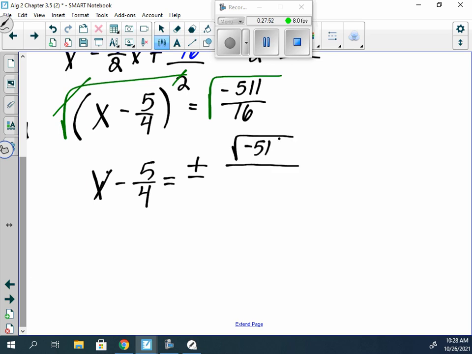What we can say is that, according to our square root properties, I can split it up. Instead of just having the square root of that entire fraction, we can have the square root of the numerator over the square root of the denominator. Exactly.